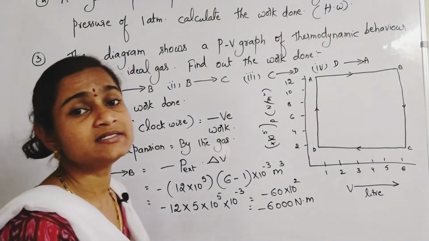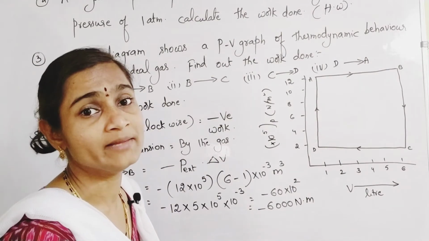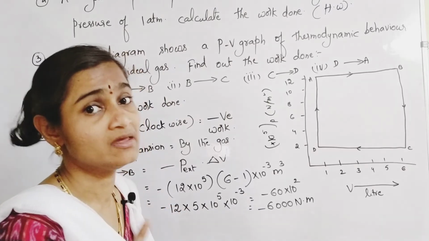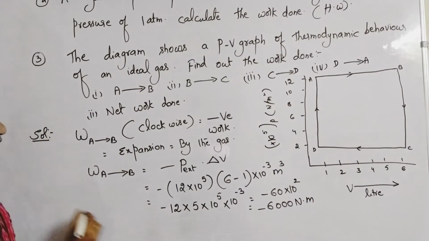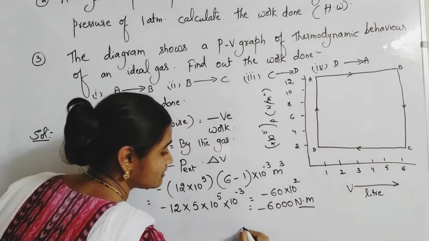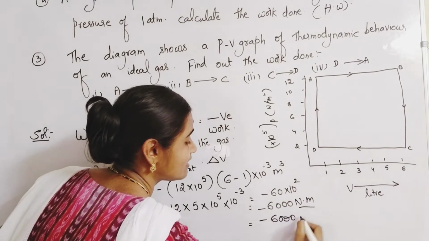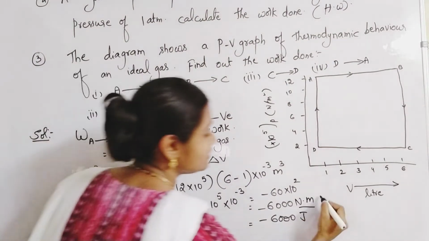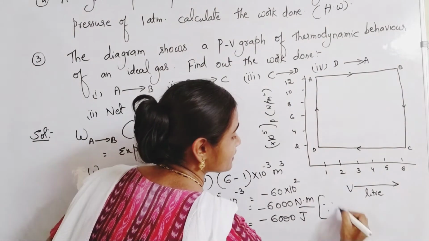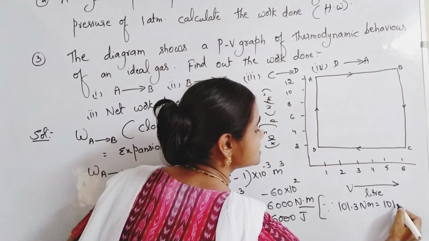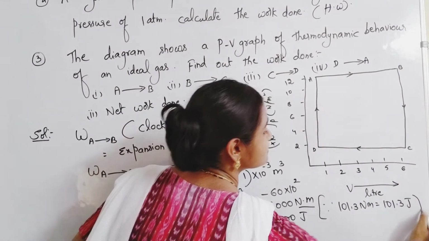So Newton meters and joules, the values are same only. Please remember that point. In Newton meters and in joules, the value is same. So you got the value in Newton meter and the same value will be there for joules also. If you want, you can write, since 101.3 Newton meter is equal to 101.3 joules also.